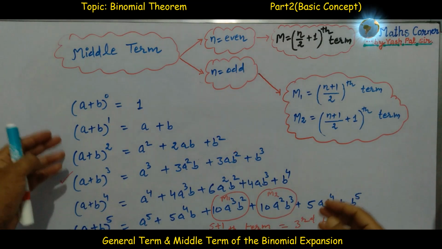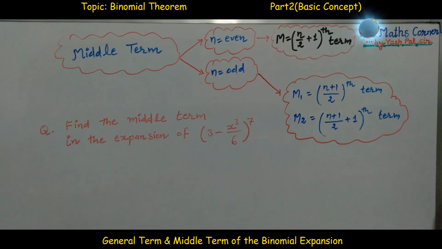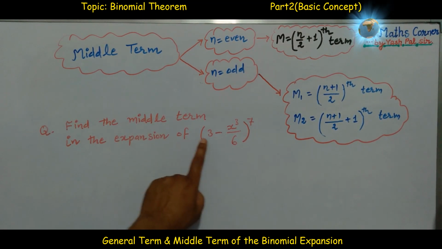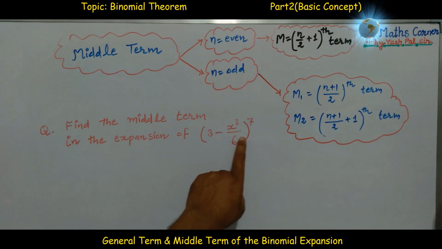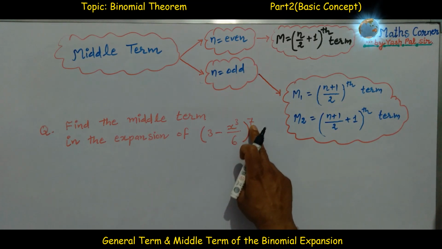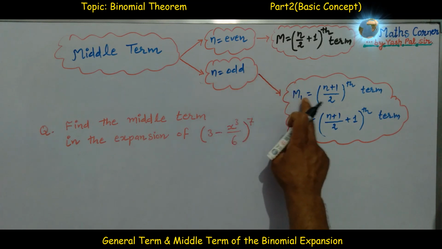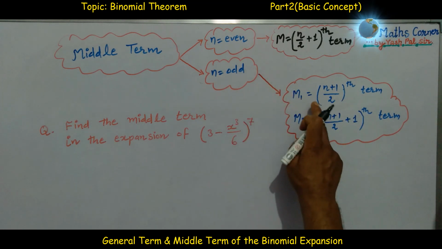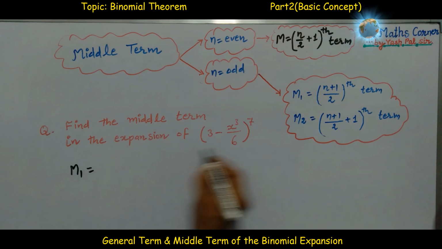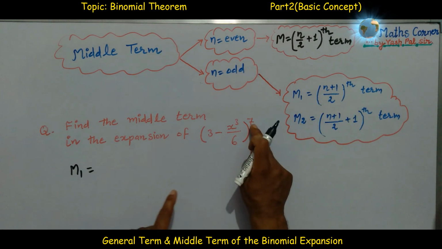Now let us have one question also. The question is, find the middle terms in the expansion of (3 - x^3/6) whole power 7. Now first of all, this is 7. 7 means odd. So we have two middle terms. The first middle term is equal to the ((n+1)/2)th term. n is 7.